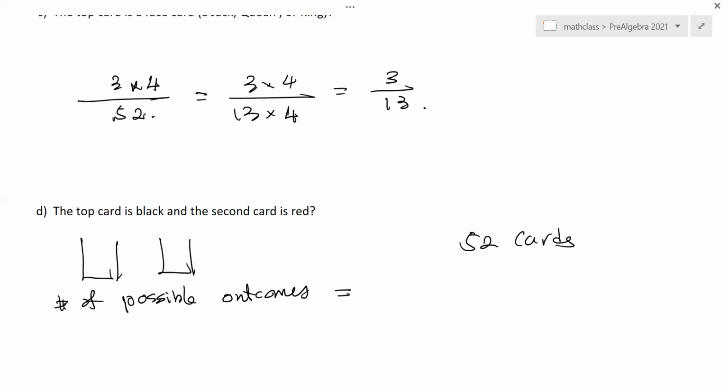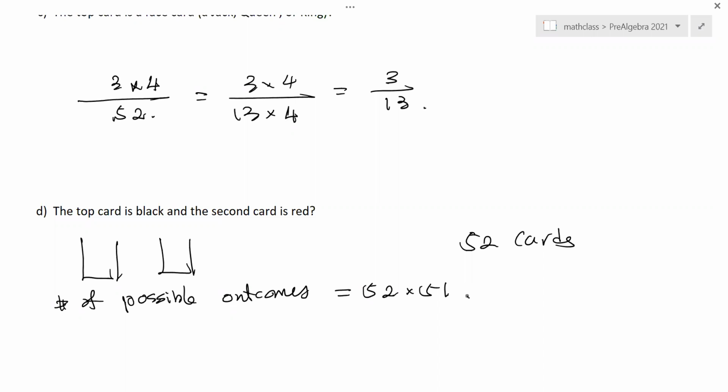The first one, you have 52 choices. The second one, you have 51 choices. Do you agree? That's called the multiplication rule of counting. So you have this many possible outcomes.